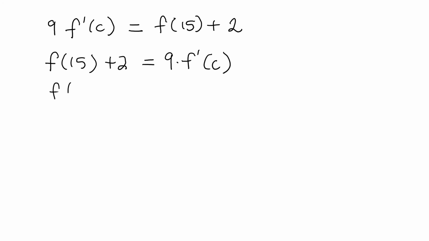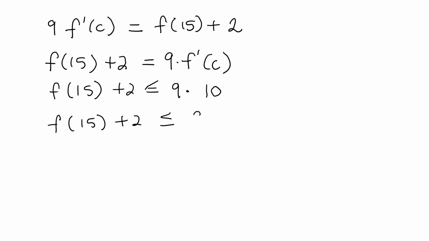So on the left-hand side, I still have f of 15 plus 2 equals, but because it's equal to or less than, we'll change it to equal to or less than 9 times 10. Continuing, you get f at 15 plus 2 is equal to or less than 90. Subtract 2 from both sides, and you got f of 15 is equal to or less than 88 as required.